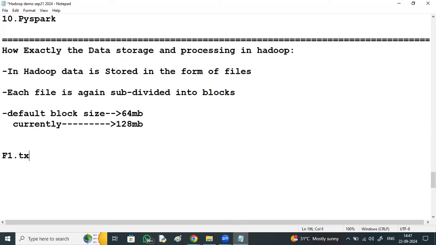The size of this file is 200 MB, consisting of some banking data.